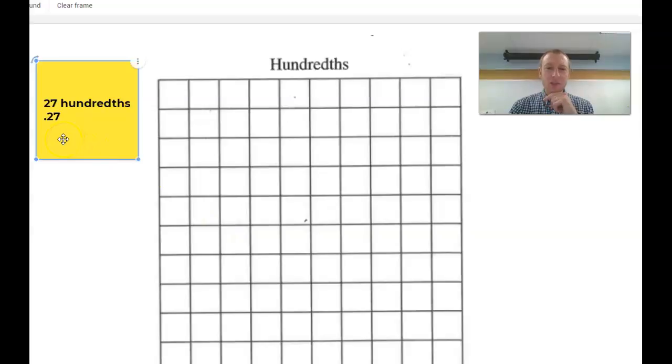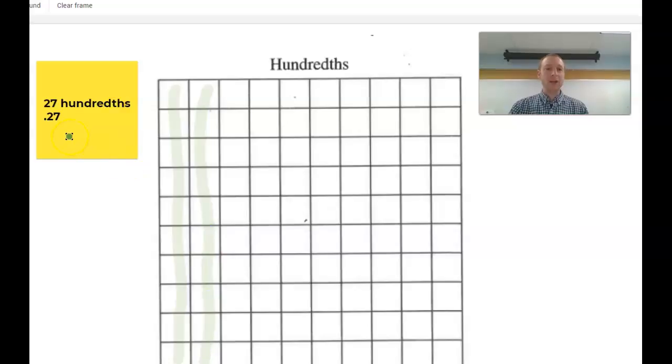Or I can be a little smarter here and I can look and see, all right, well, how many tenths do I have? Remember, this first number after the decimal point is my tenths place. I have 2 tenths. So I'm going to shade in 2 tenths. So there's 1 tenth, 2 tenths.